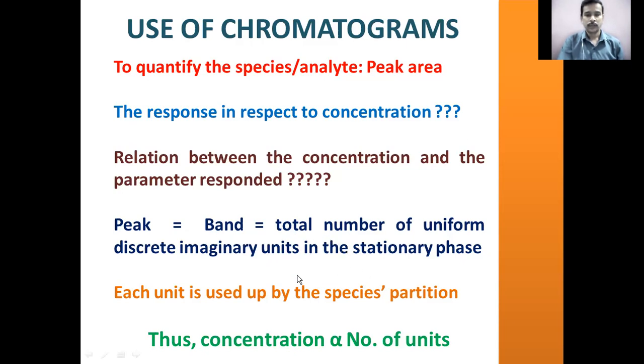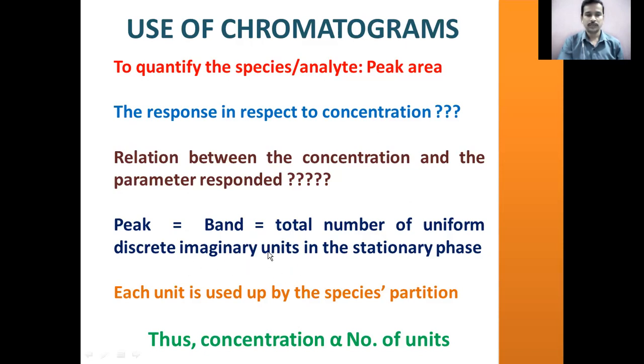So therefore, the number of imaginary discrete units will be more as the concentration is more. If the solute has higher concentration, the number of discrete imaginary units segregated in a particular band of the solute will be more. The individual band is for the individual solute, and this band is made up of so many individual discrete units.